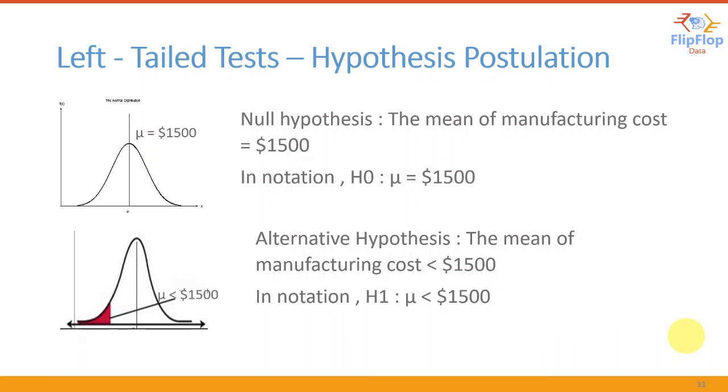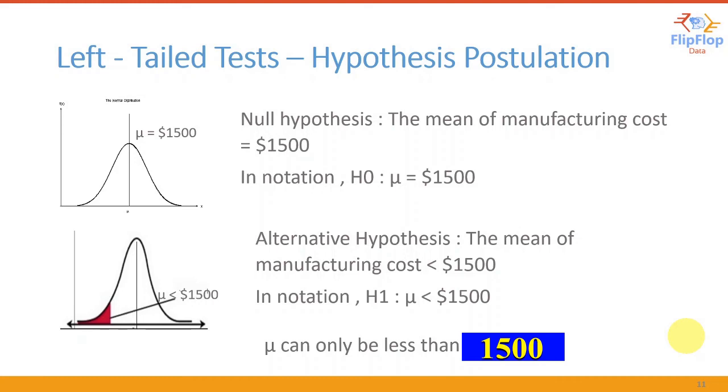So when we say mu is less than $1,500, it means mu can only be less than 1500. That is, the values are spread towards the direction which is less than the considered mean. That is $1,500 in our case, and it is in only one direction, that is the left direction.